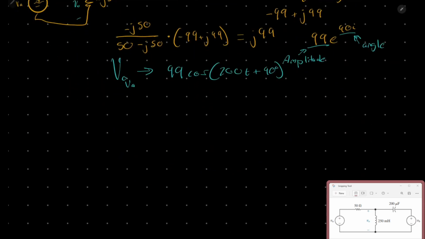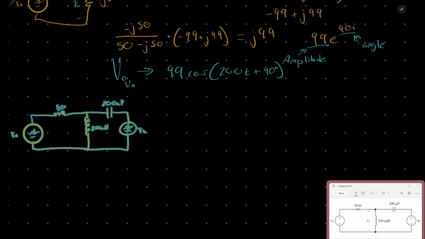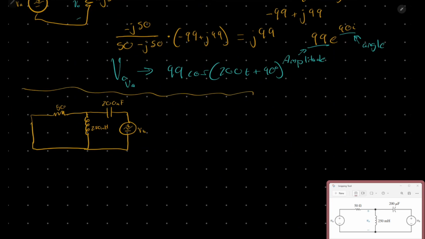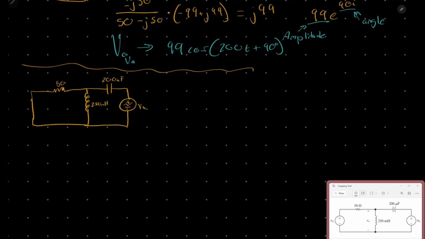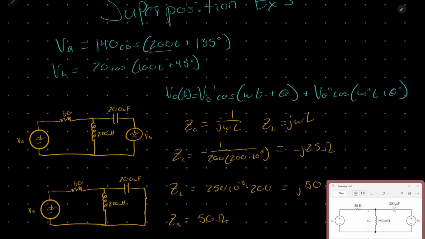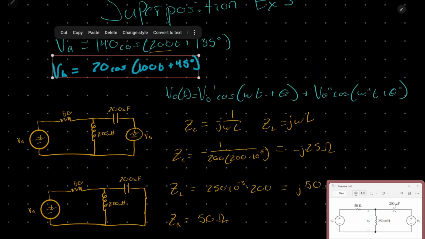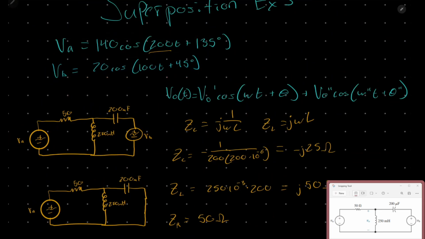Okay, now we will solve for the other voltage source, or sinusoidal voltage source. So we will turn this into a wire, and then we will now have to calculate our impedances again, because this source has a different angular frequency.